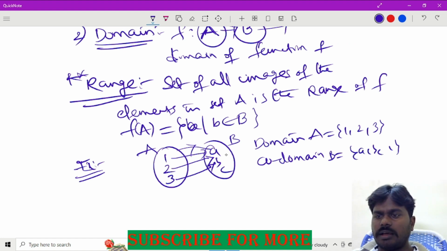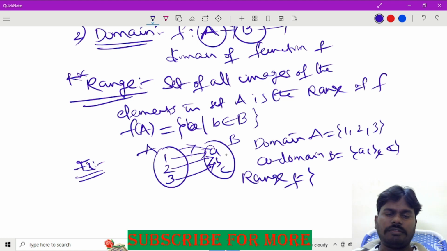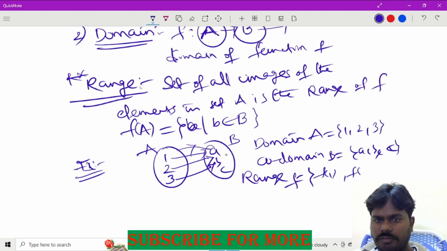Now what is the range? Range of f is the set of all images, meaning the images of the elements of A: f(1), f(2) and f(3).